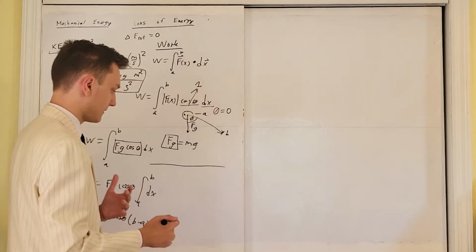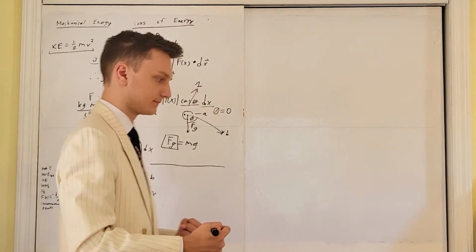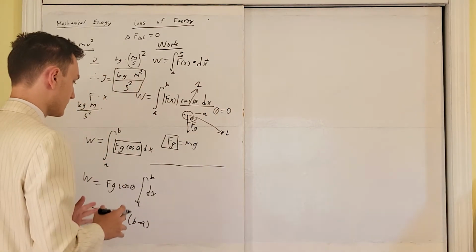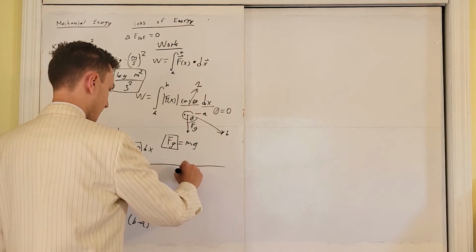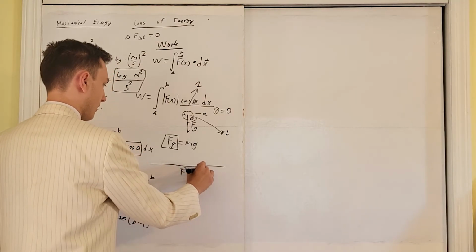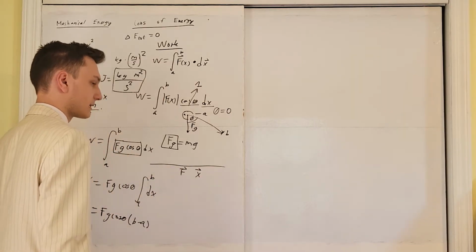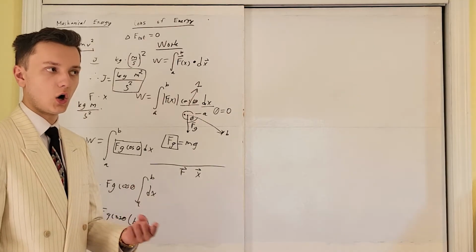Therefore, we can say that work has been done on the system, okay? An easy way to recognize this is if your force vector and your displacement vector are operating in approximately the same direction, then work is being done on the system.